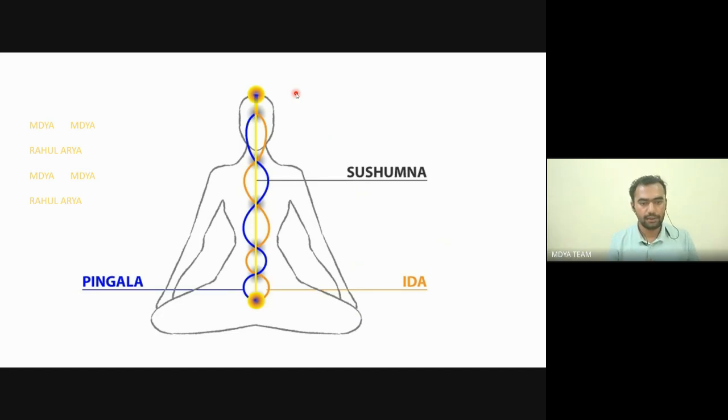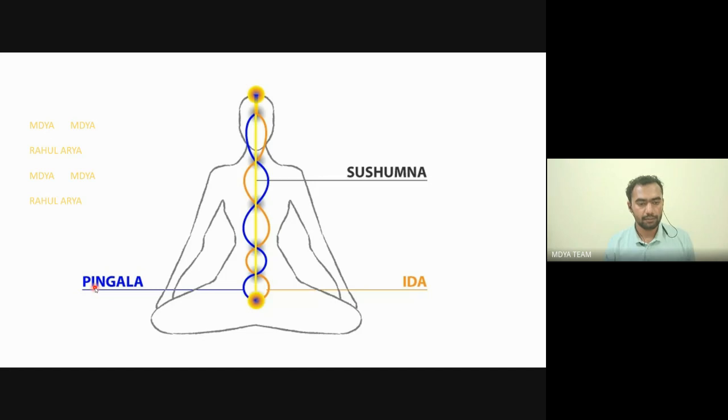So next, a little overview about the nadis. Three kinds of nadis there: Ida, Pingla, Sushumana. Ida generally we mention as blue, Pingla... I think the wrong color here. Ida is generally blue color because it improves the coldness in our body.